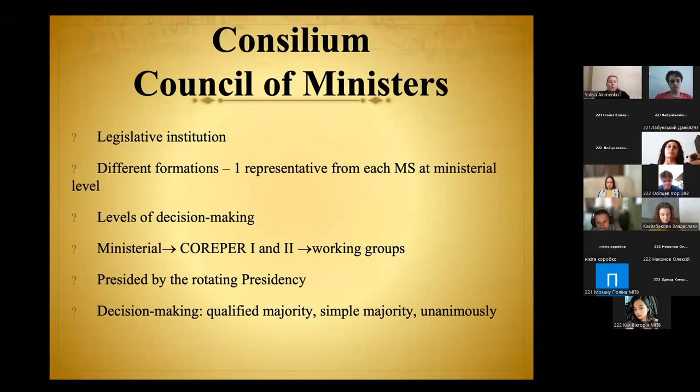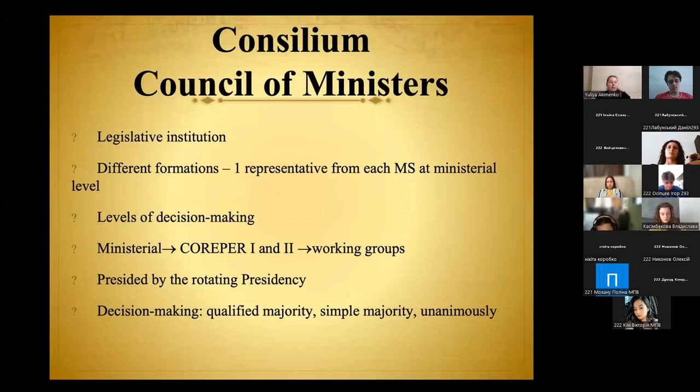So we sum up the levels of decision making in the Council of Ministers, and we remember that first the governments have some issues they would like to discuss on the basis of the European Union level. Then they present their opinion via Coreper 1, via ambassadors, in order to start to create the agenda of the meeting.